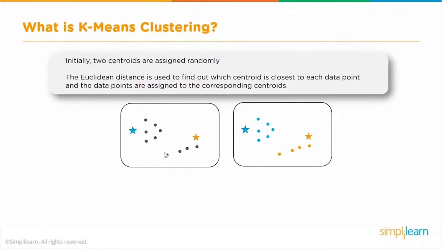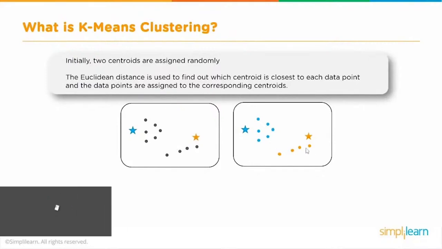For every point, the distance is measured from both the centroids, and whichever distance is less, that point is assigned to that centroid. In this case, visually it is very obvious that all these data points are assigned to this centroid and all these data points to this centroid, and that's what is represented here in blue and in yellow.